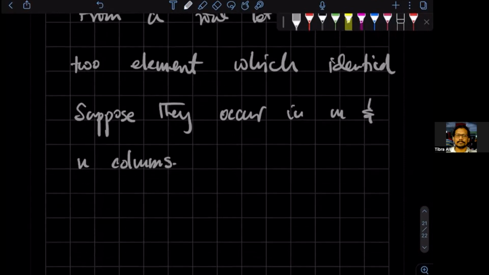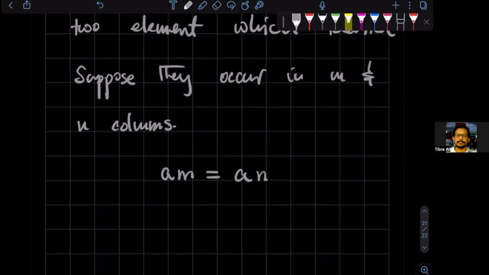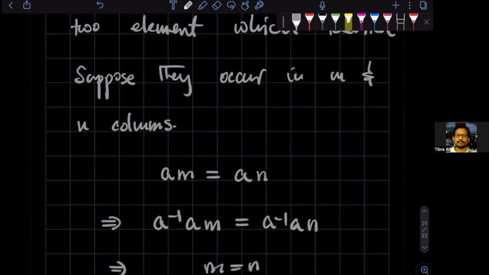And those elements are AM and AN by definition, right? But by the inverse postulate, A inverse A of M, A inverse A of N gives us M is equal to N.